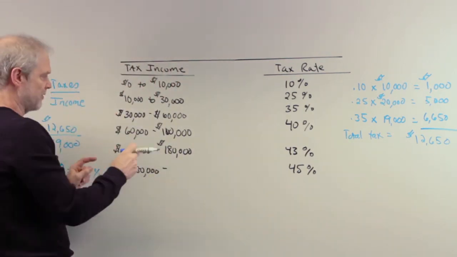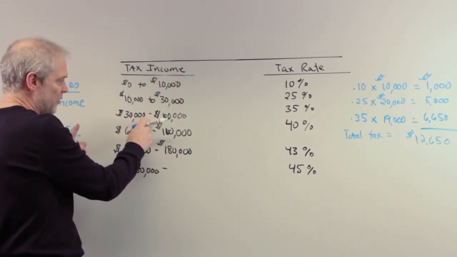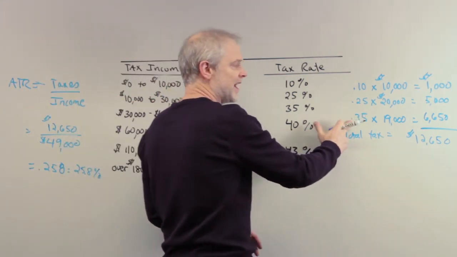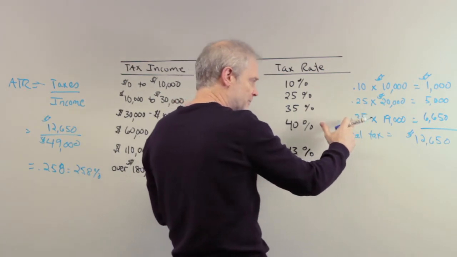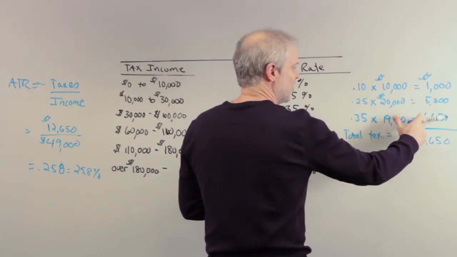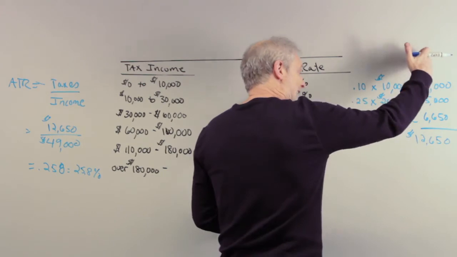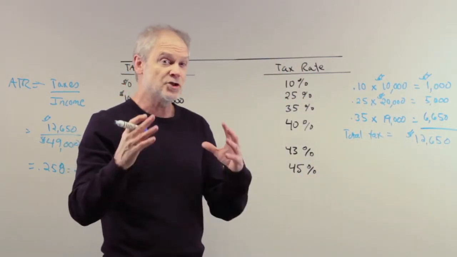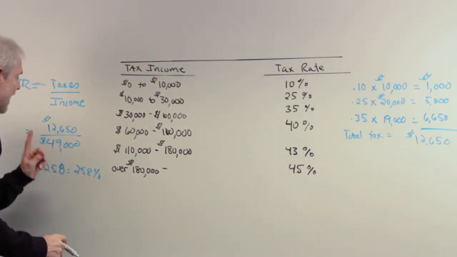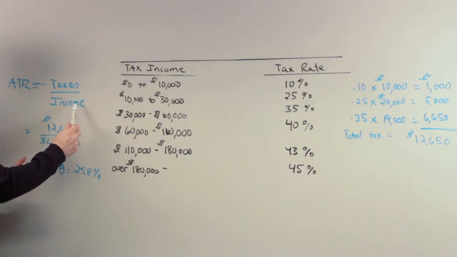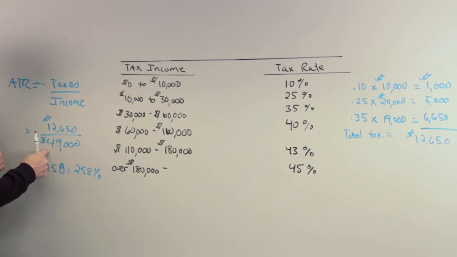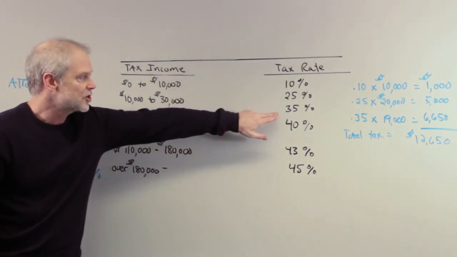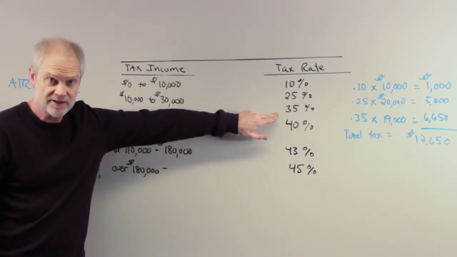For the last portion of your income, the difference between $30,000 and $49,000, or $19,000, you have a marginal tax rate of 35%, so it's 0.35 times 19,000, or $6,650. Add that up, and you get a total of $12,650 paid in total taxes. So now your average tax rate is taxes divided by income, 12,650 divided by 49,000. This is your average tax rate. It is much smaller than the marginal tax rate.